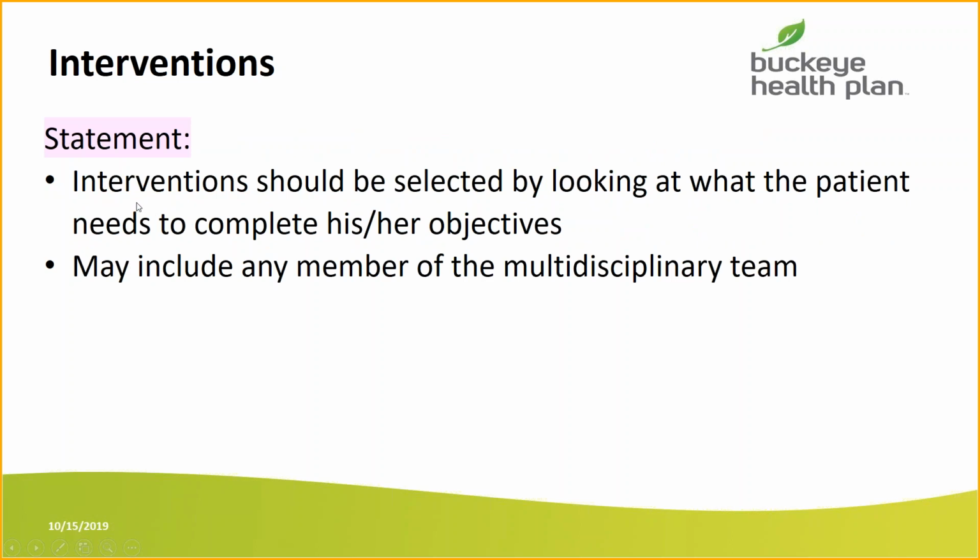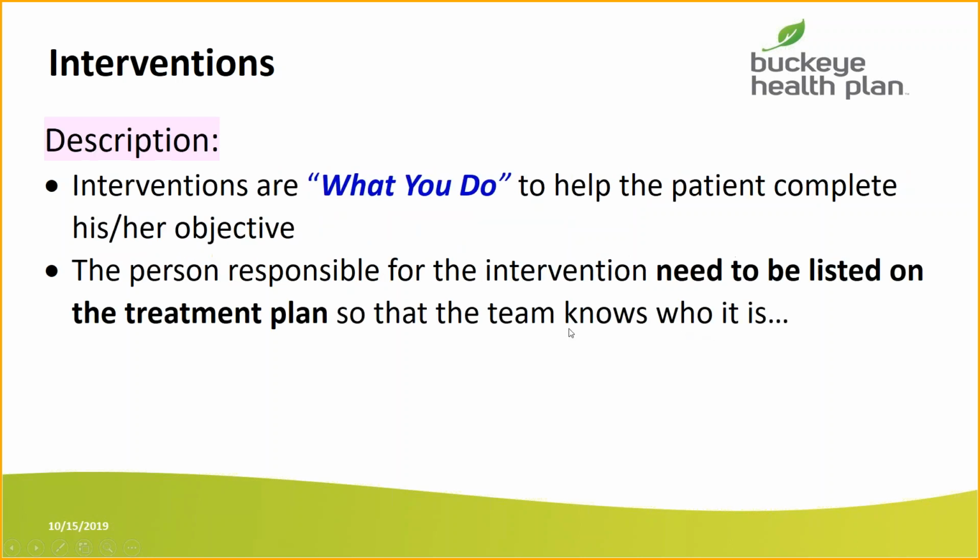So the statement: intervention should be selected by looking at what the patient needs to complete his or her objective, and it may include any member of your multidisciplinary treatment team. The interventions are what you do, not what the patient does.